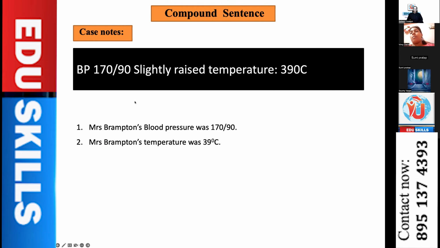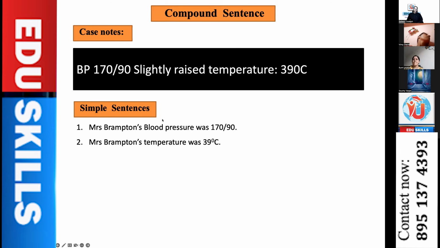So here, case notes. BP 170 by 90, slightly raised temperature, 39 degrees. Okay, that 0 should be a superscript. Sorry for the mistake. And then we have made the simple sentences. This second step is already done, that's why I'm going faster there. Simple sentences were Mrs. Brampton's blood pressure was 170 on 90. Mrs. Brampton's temperature was 39.